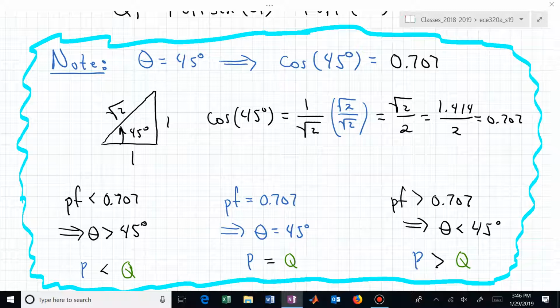Now that gives us sort of this Goldilocks picture. Just right, and P equal to Q is not just right. That's kind of bad, actually, but it gives you a center position to think about. You know 45 degrees, and you know what the cosine of that is, and that's when P is equal to Q. You go bigger in angle, and now Q, your reactive part, is bigger than P. That's really bad.